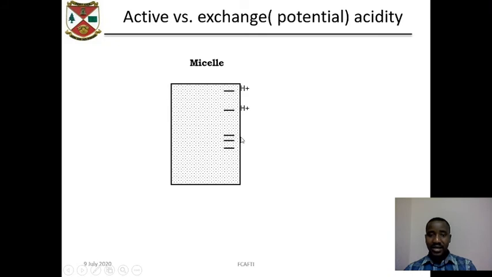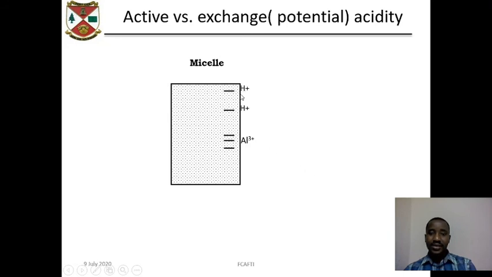Now the negative charges in this area are three: 1, 2, 3. So an aluminium ion can be attracted to this area because aluminium ion carries three charges. So this aluminium ion will neutralize these negative charges in this micelle.